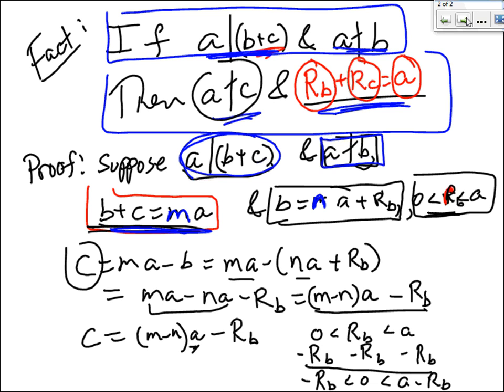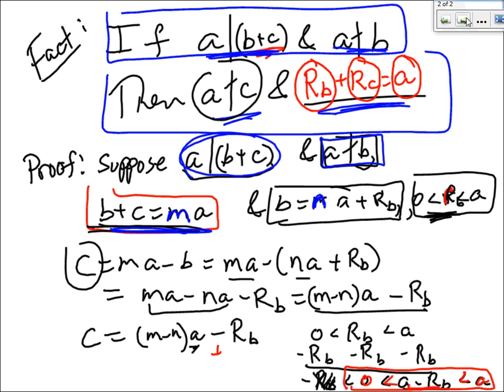Now we know that RB is positive. So if you have A and you take away a positive number, you have to be less than A. I don't care about this. I care about what's left over. Namely, A minus RB, which is in the middle, is bigger than 0, but less than A. Just like a remainder should be.